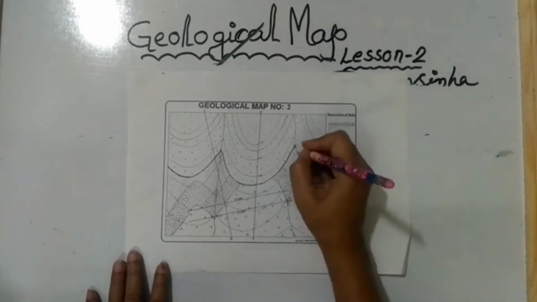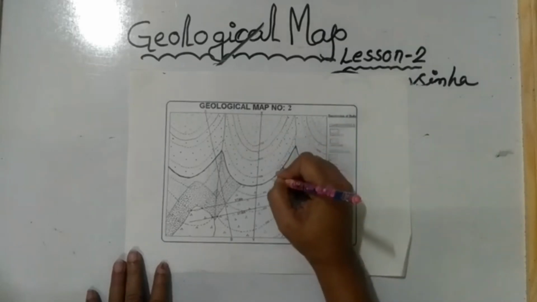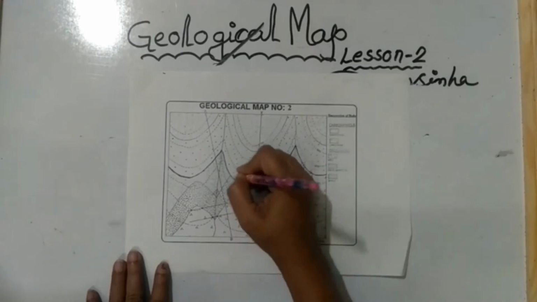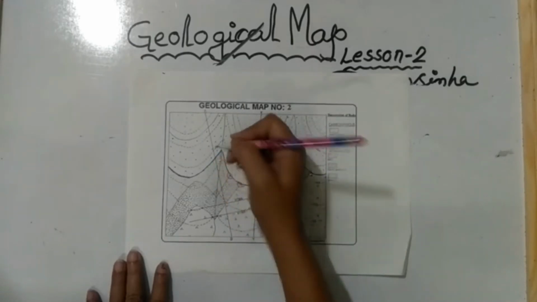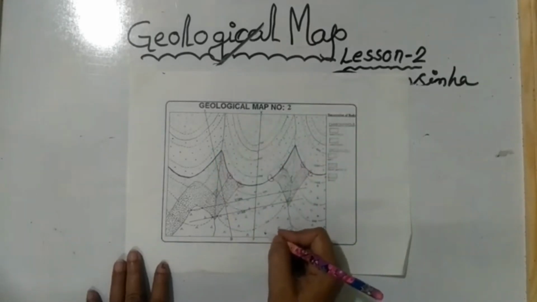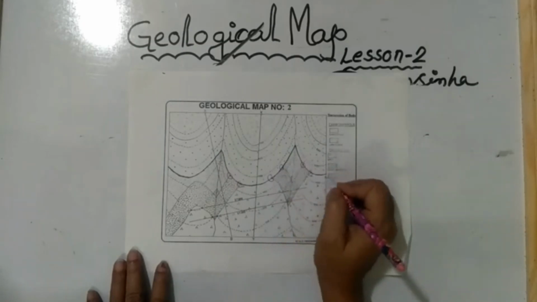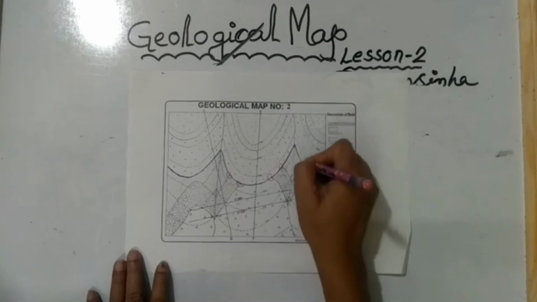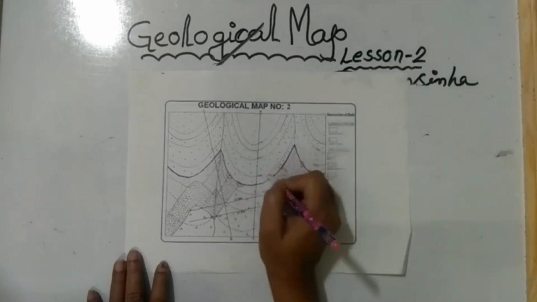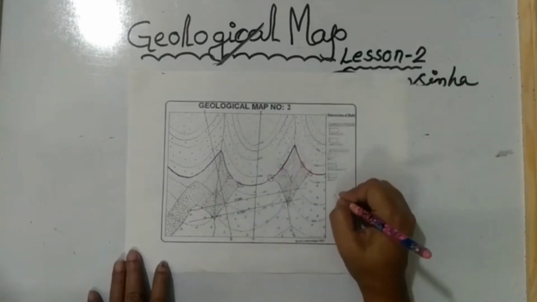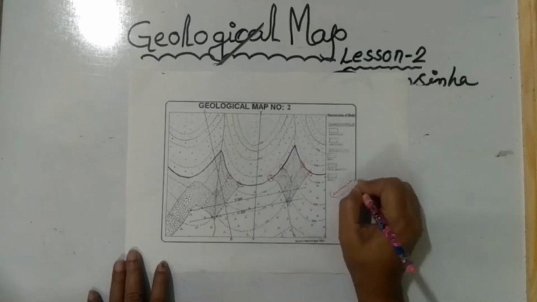This is the triple point junction. Okay, so this is the line of points of unconformity, to connect those lines. Normally, the unconformity line symbol is that kind of symbol in a red color conventionally.